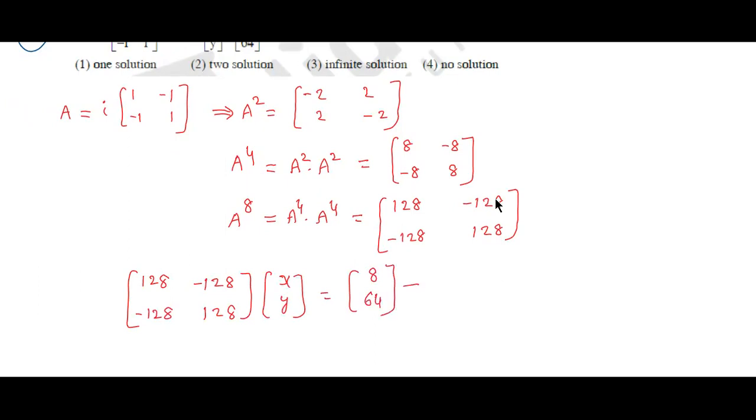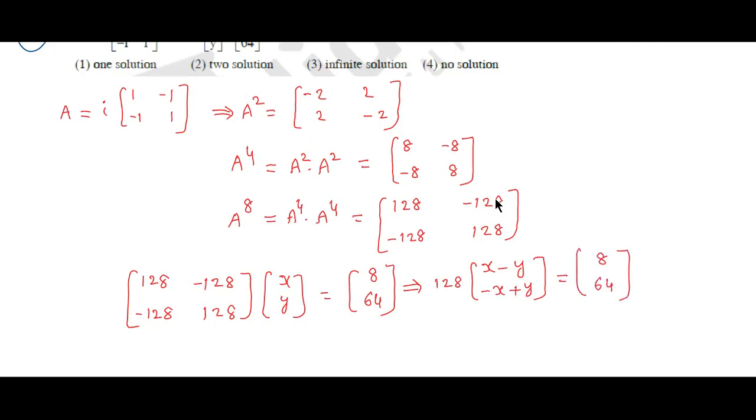Then take 128 common and multiply both the matrices. What we get here: x minus y, x minus y. Next, minus x plus y, that is equal to 864.